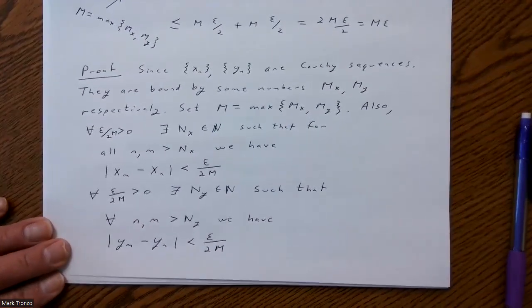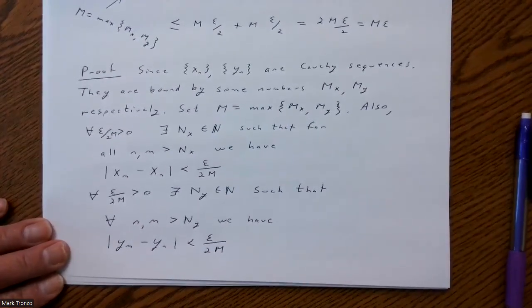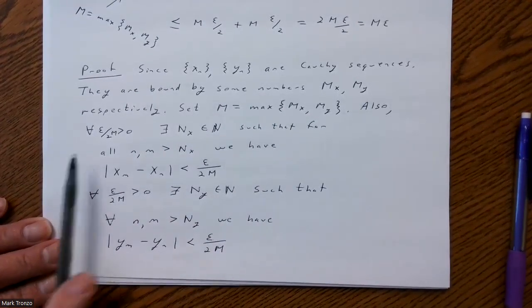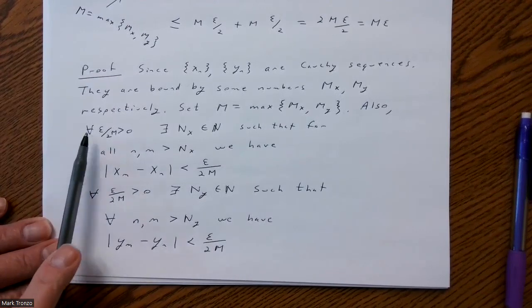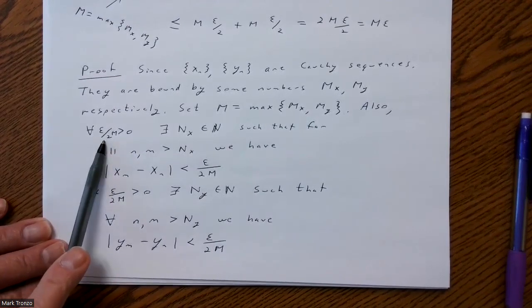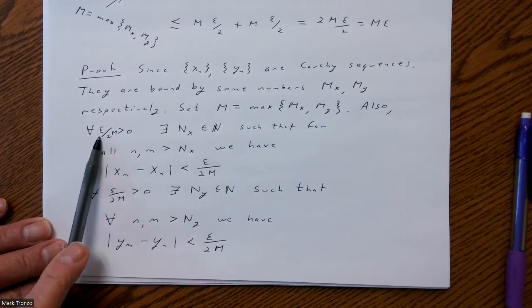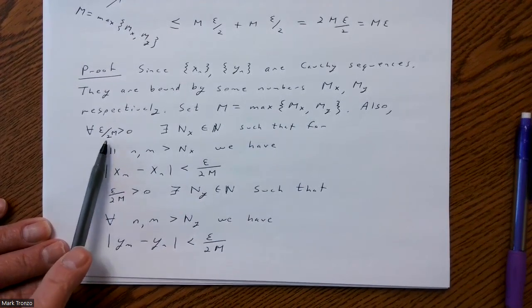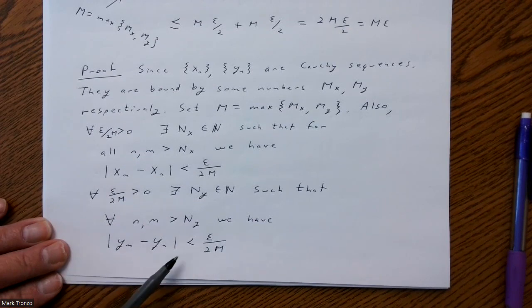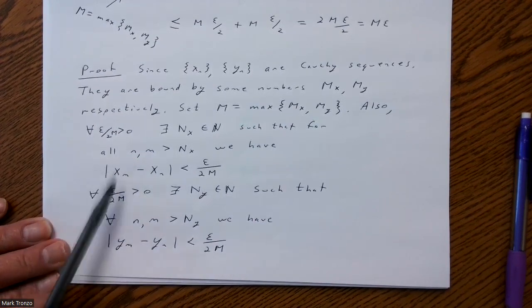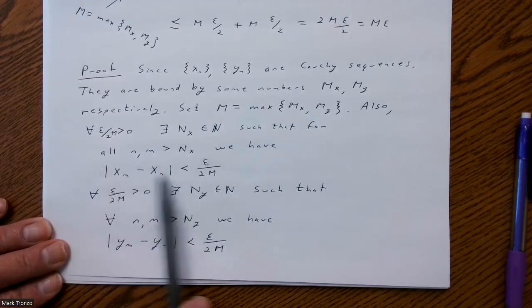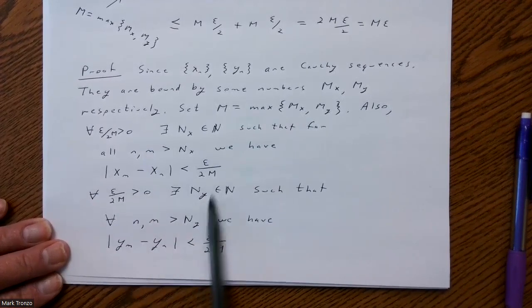So once again, I'm putting the preliminary stuff first this time. So once again, epsilon is an arbitrary number, so you can say for epsilon or for epsilon divided by 2m in each case, because they're Cauchy sequences, we have that these are true.